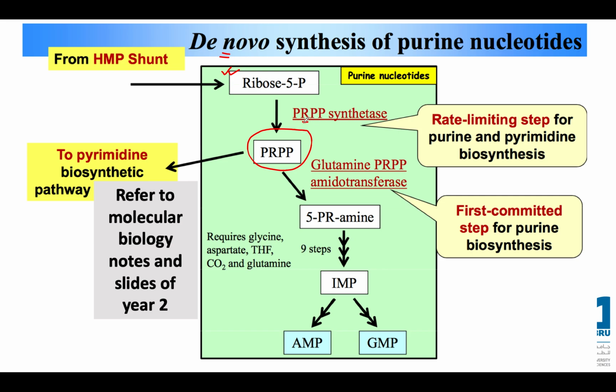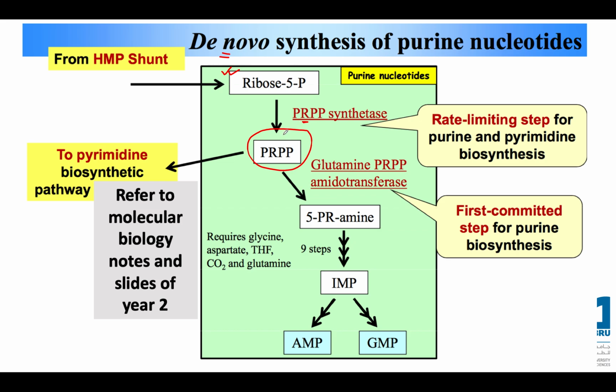And this particular step is the rate limiting step for purine and pyrimidine biosynthesis, and pyrimidine happens to be the other heterocyclic aromatic base that is present in nucleic acids. However, in this particular session we will focus only on the synthesis and catabolism of purine bases.